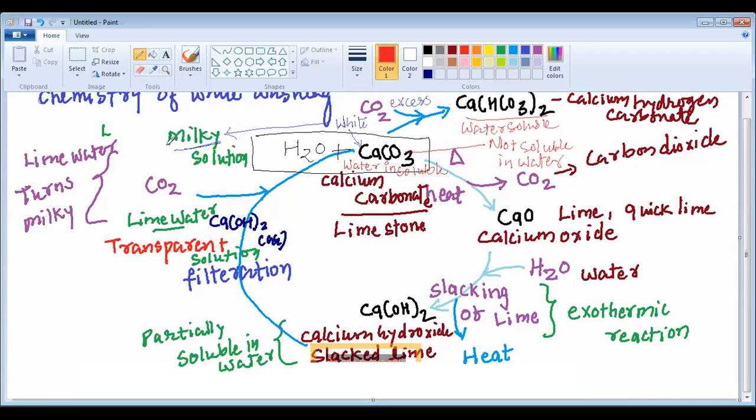And that is why this milky solution turns transparent when we pass this excess of carbon dioxide. Milky solution turns transparent.